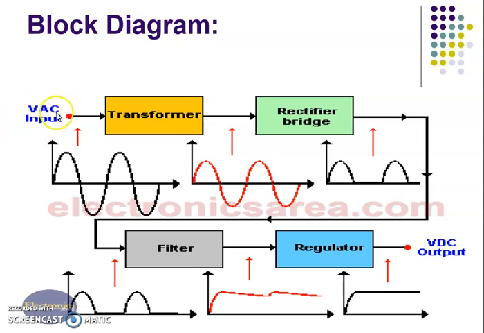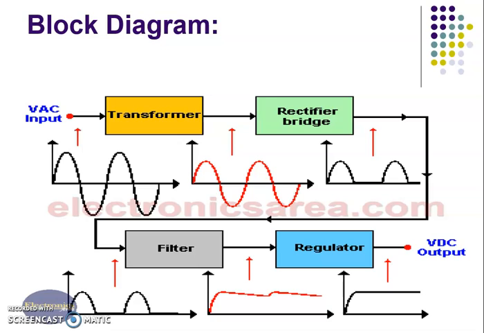Input is mostly single phase AC voltage, that is 230 volt AC along with 50 Hz frequency, that is given to the transformer. Based on the turns ratio and input voltage, the output is available at the secondary side.